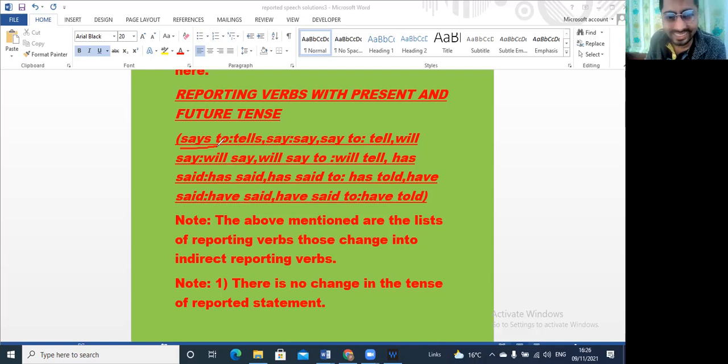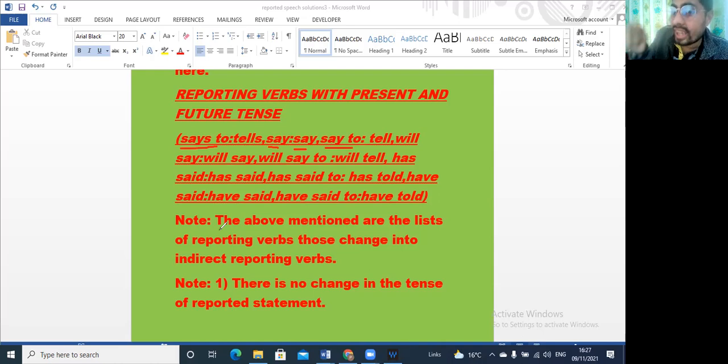Let's understand like this. Say remains same. Say is never changed. Say to is changed into tell. In which case we have to use the form of tell when you see to over there. Yes, when you see to attached with say, then in such case, say is changed into tell.